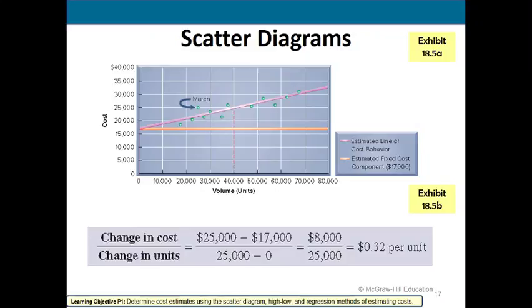Fitting this line demands judgment, or can be done with spreadsheet software. The line drawn in Exhibit 15A here intersects the vertical axis at approximately $17,000. So that's the red line going up and down there in the middle of the scatter diagram, which reflects fixed costs.